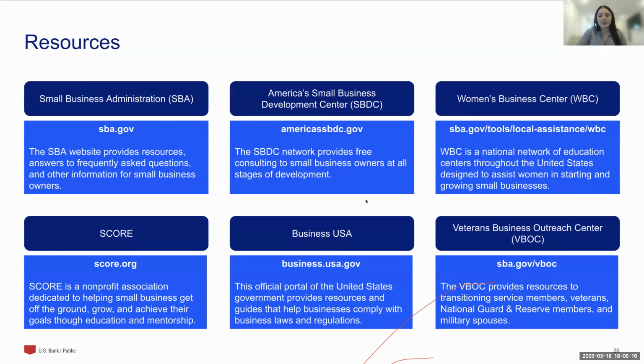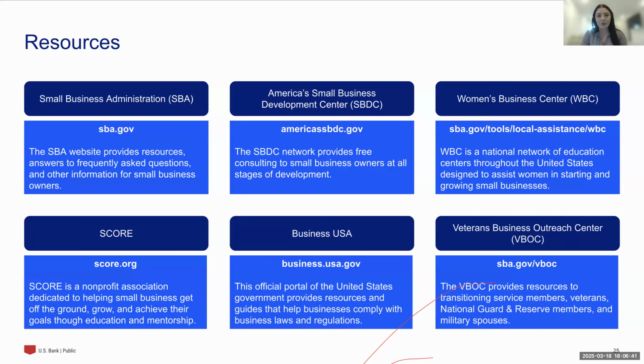I just want you guys to either take a picture of this. These are some other resources that are out there for you to consider. And it's also just important to know that there are these resources. There's the SBA to get capital through our Small Business Administration. There's the SBDC, the Women's Business Center, Prestamos.